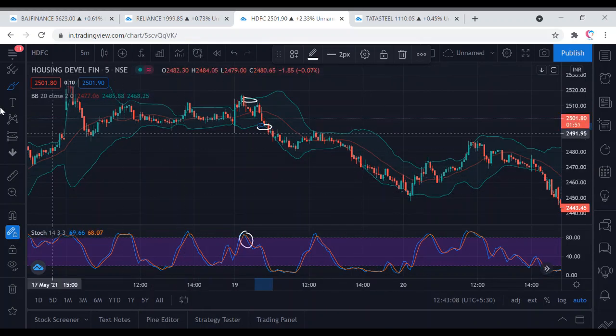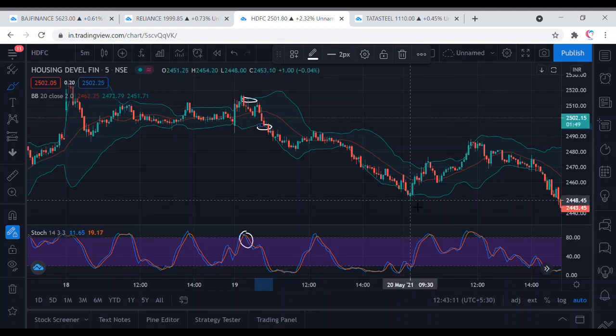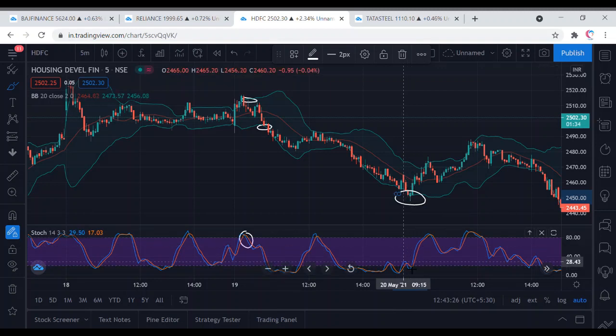Okay. So on same 28th of May, you can see what happened. The prices did go beyond the lower range of Bollinger Band, but it closed on the range. You can see the prices did close at the lower of the Bollinger Band. But what happened is you didn't get a signal around this point of time.